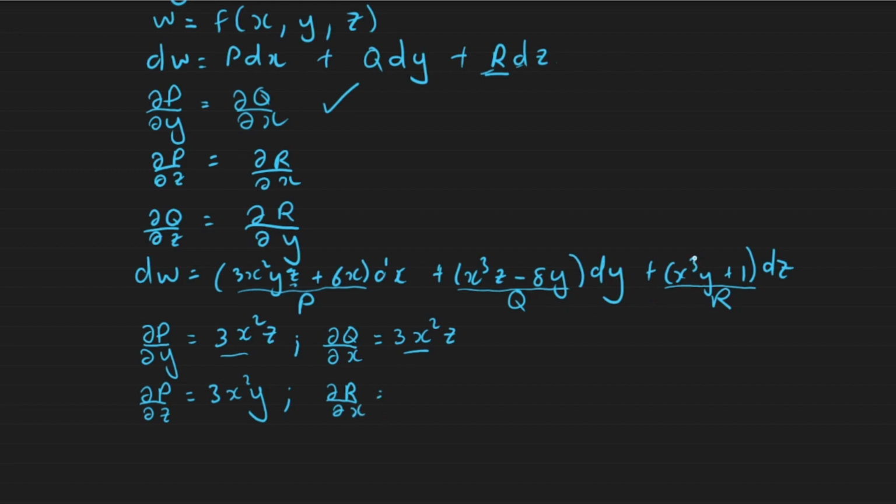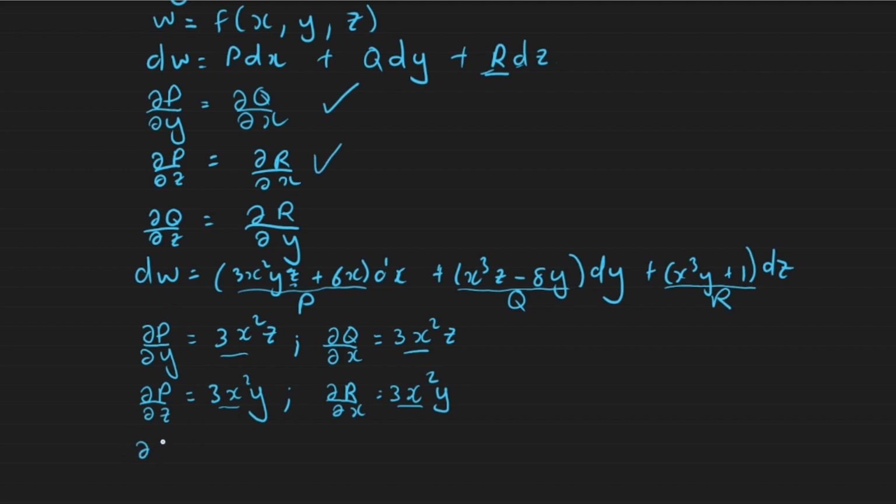When we do that, we get 3x²y. And of course, 1 just disappears since it's a constant. And we see that these two are equal. So our second constraint is satisfied.